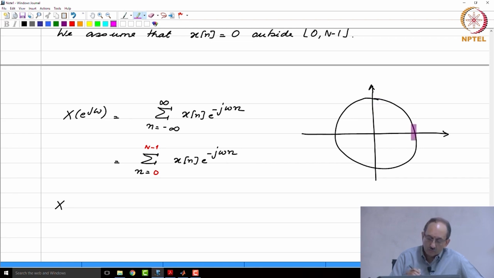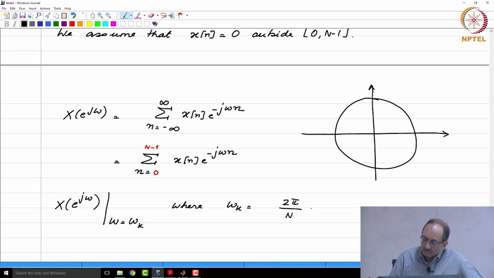Now, we are going to sample this. We are not going to evaluate the DTFT continuously, but only at N points that are uniformly spaced, and hence we take X of e to the j omega and evaluate it at omega equal to omega k, where omega k is 2 pi k by N. All right.